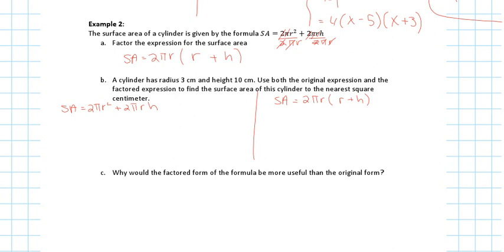Okay? So 2 pi times 3 squared plus 2 pi times 3 times 10. Are we okay with this? So I'm replacing the radius with 3, the height with 10.